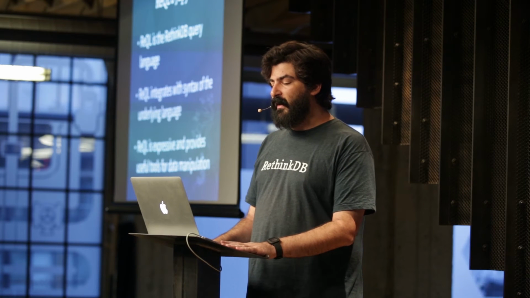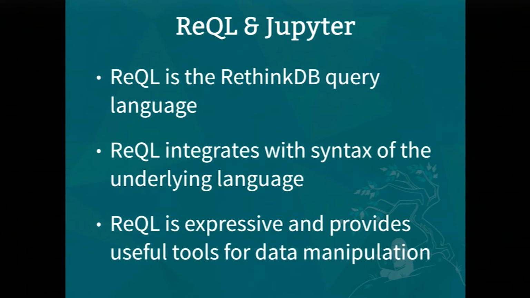And the ReQL query language really pairs nicely with Jupyter. One of the advantages of ReQL is it's designed to integrate with the syntax of the underlying language. So unlike a SQL database where you're concatenating strings and trying to interpolate values into those strings, in ReQL you write ReQL expressions in the actual programming language that you're using to build your applications. So in a Python-based Jupyter notebook, you can write your ReQL expressions in Python.